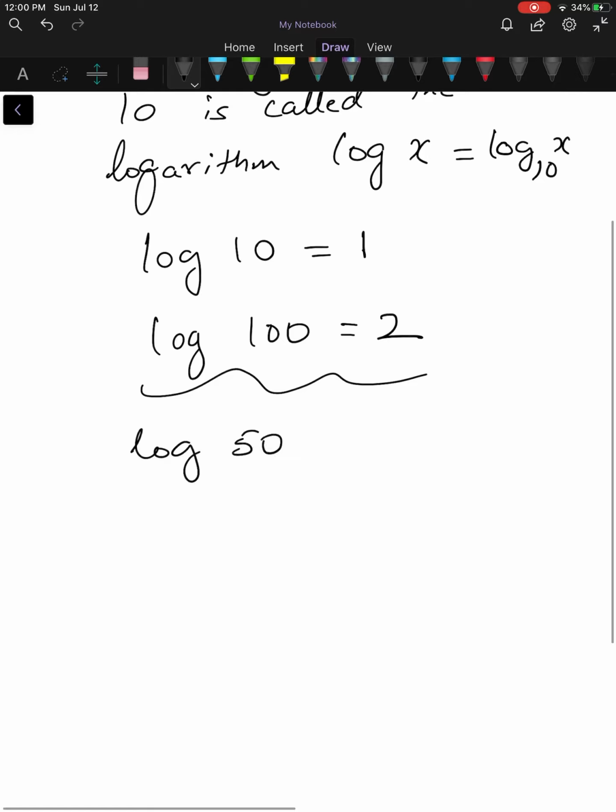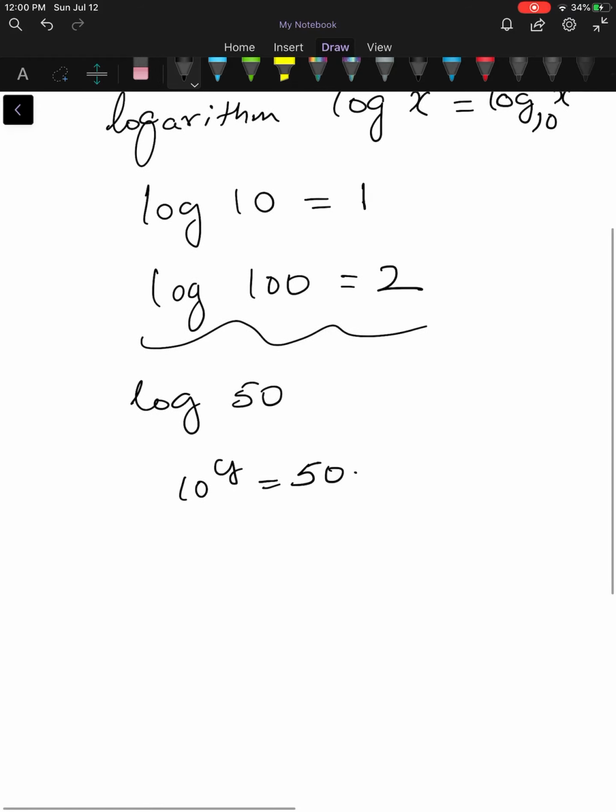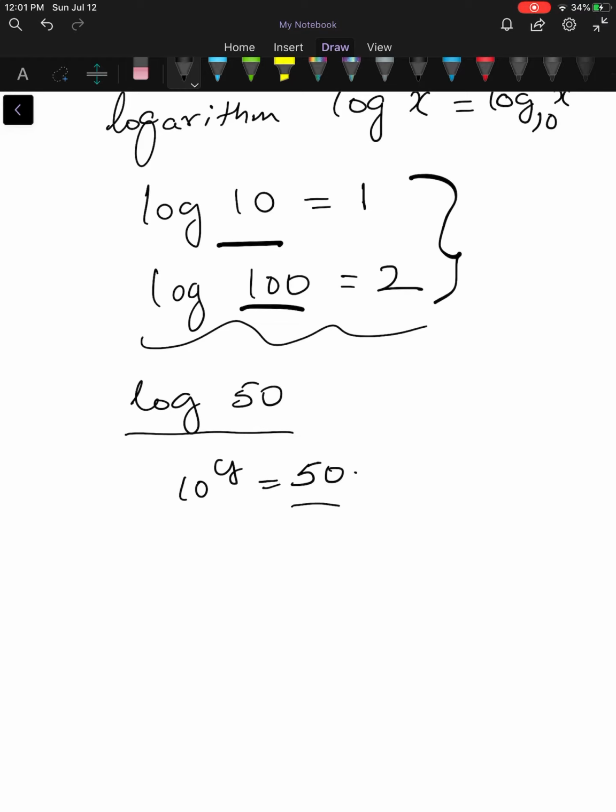But if you are given log 50, how do you find this? We find the exponent y such that 10 to the power y is equal to 50. Clearly 1 is too small and 2 is too large, because 50 lies between 10 and 100.